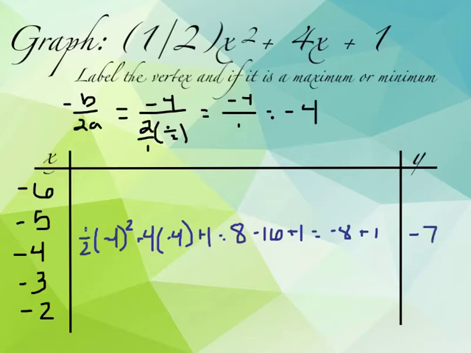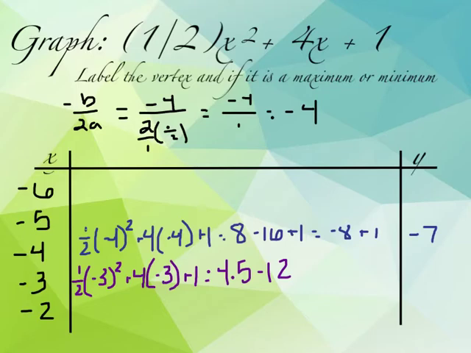Now again, you can go either direction. I'm going to go ahead and I'll just move down. 1/2 times negative 3 squared plus 4 times negative 3 plus 1. Negative 3 times negative 3 is 9, so that'll be 9 over 2. 9 over 2 is 4.5. 4.5 minus 12 plus 1.